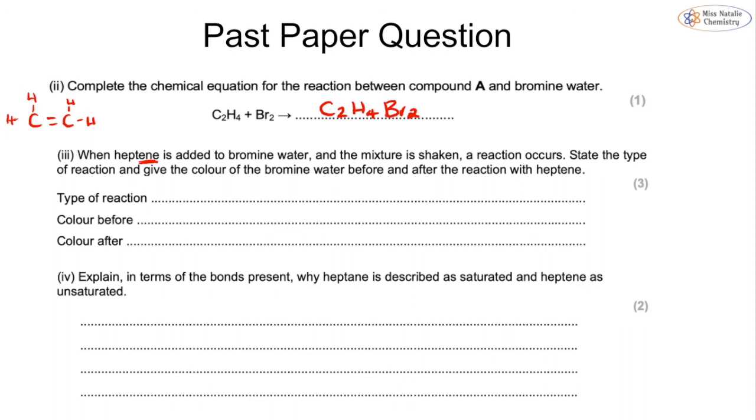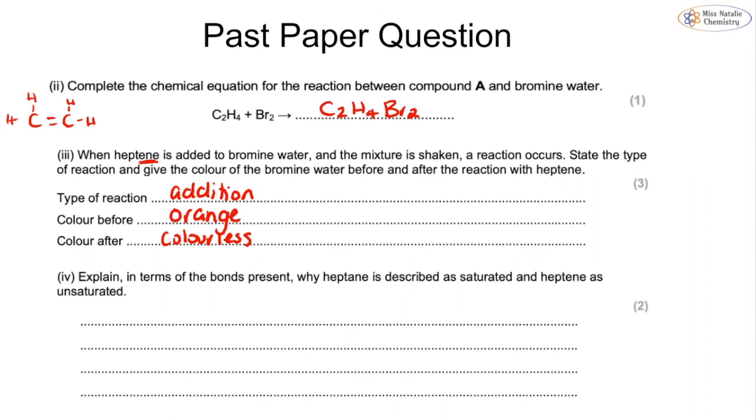So because it is an alkene reacting with bromine water, this is an addition reaction. The colour of the bromine water at the start is orange. You may also say yellow or brown. You can't say red. Okay, red is not an accepted answer. It's either orange, yellow, or brown. And the colour after is colourless. Remember, it is not clear, it is colourless.